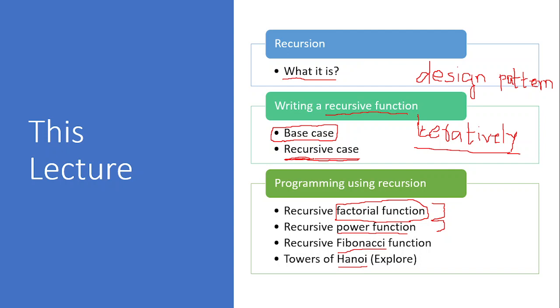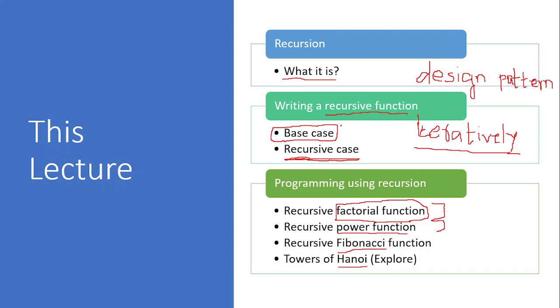So if you're trying to find n factorial, and if n is equal to 0, factorial of 0 is defined as 1 and factorial of 1 is also defined as 1. So if n is equal to 0, you know the value of the factorial, it is 1. And if n is anything other than 0, then n factorial is n multiplied by (n minus 1) factorial. So let's look at it again.